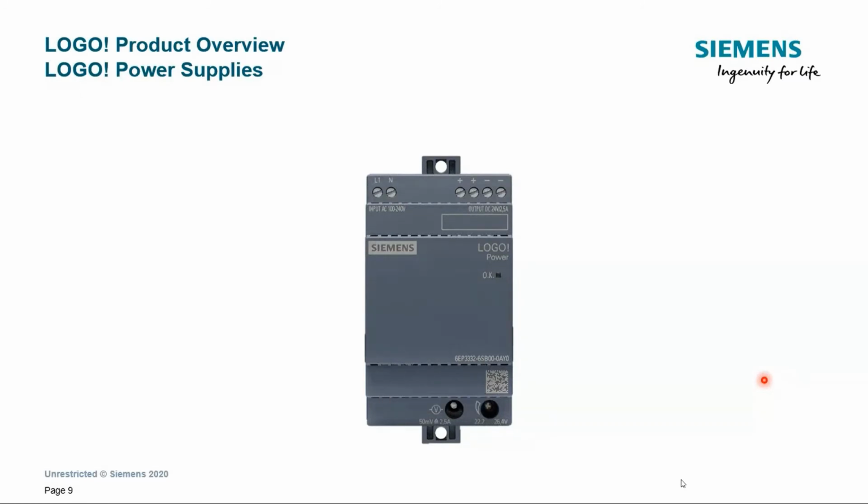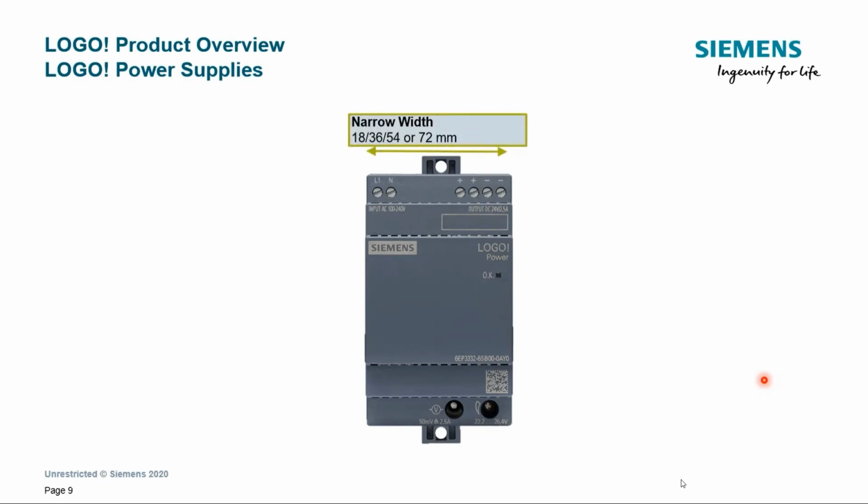Now let's have a look at the power supplies. Now for LOGO, you have always to keep in mind that anything related to LOGO is basic, is simple, and it is in the low power range. We are not talking about huge applications here, very simple, small applications.